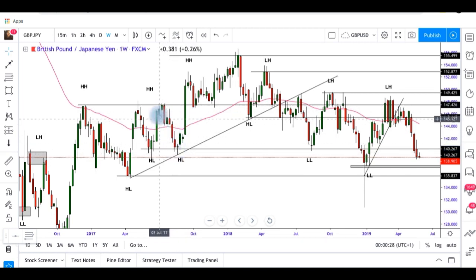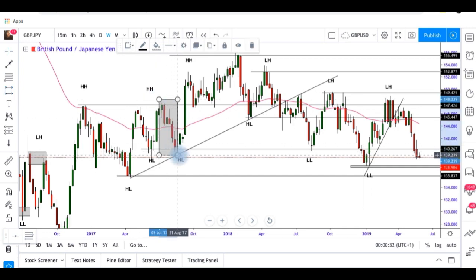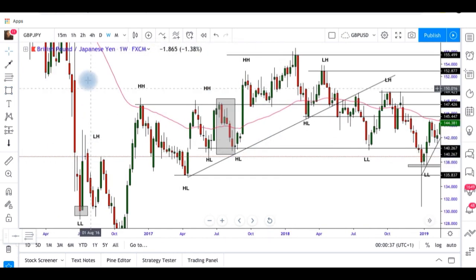If we went down to the daily time frame, let's go down to the daily and just look at this box. Although we're bullish on the weekly time frame, what we might find is that if we were just on the daily time frame, we would think that we're bearish, and that would be us forgetting about the higher time frames. So let's go down to the daily and just look at this bit of price action.